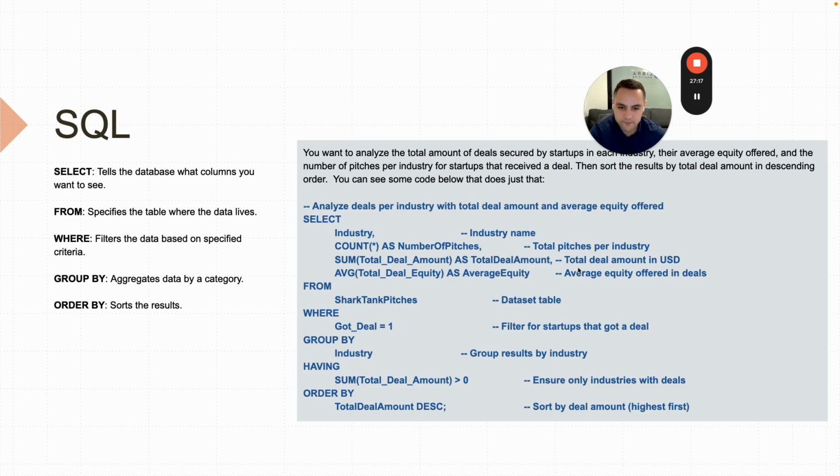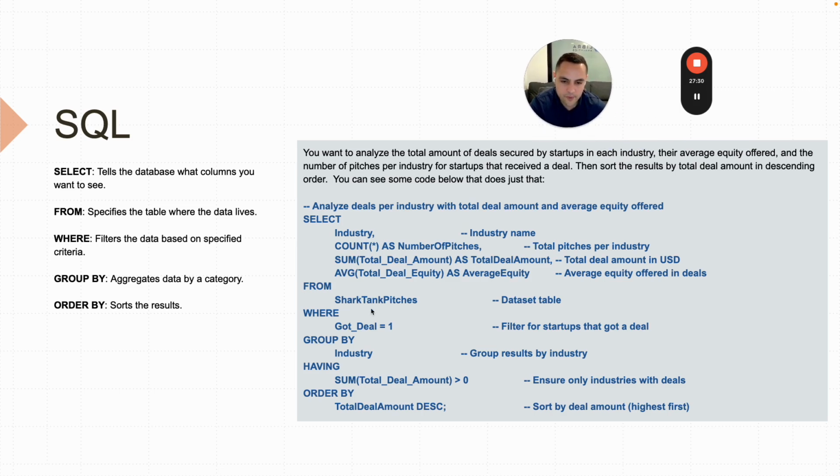In this case, my example is I'm selecting these columns, but I'm actually creating some columns where I'm counting the number of pitches, the total deal amount sum, and the average equity, from this table. Finally, based on this condition, where got deal is equal to 1, I'm grouping by the industry, and then only keeping industries with deals greater than 0, and then ordering by that total deal amount.